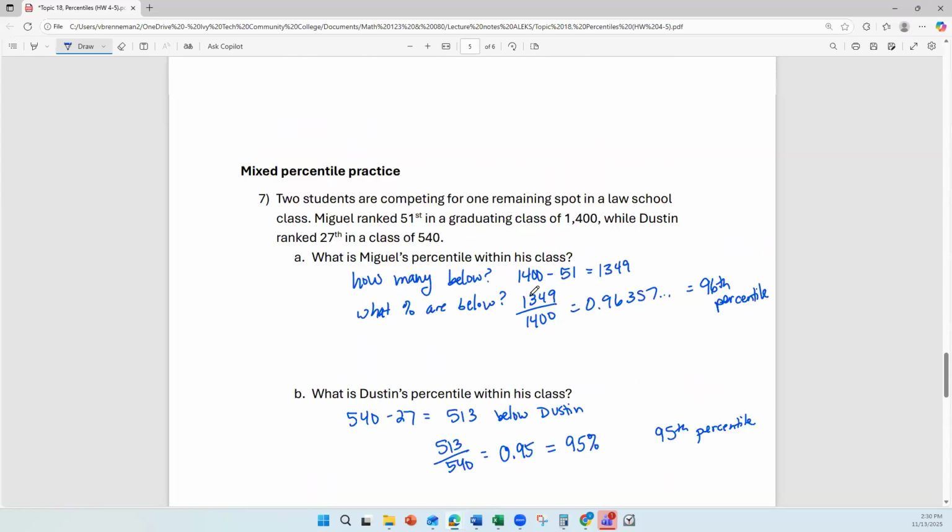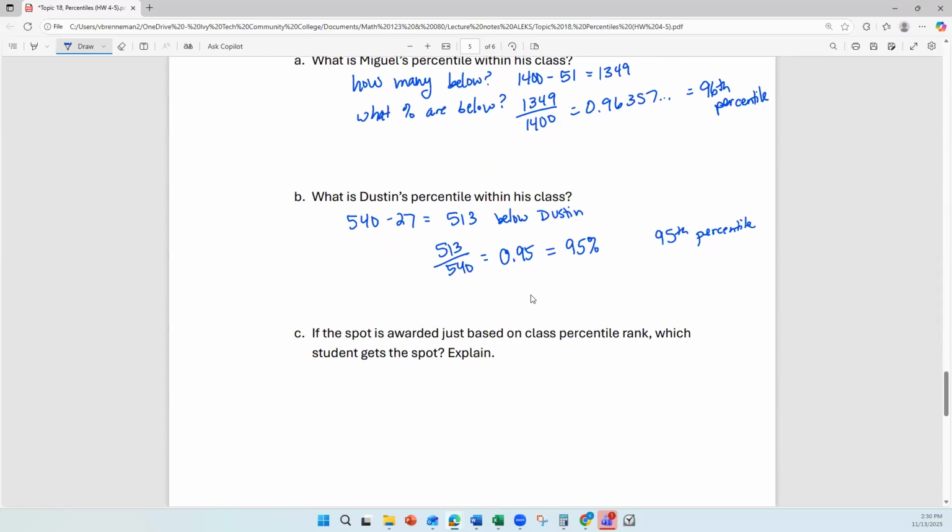So if just based on the class percentile rank is being rewarded this law school class, Miguel would get that spot. If you're in a small graduating class, say out of 100, and you're top of the class, first, second, third, whatever, that's not as impressive as if you were even like 5th or 10th or 15th out of a class of 1,000, right? Just because you're not competing with as many other people.